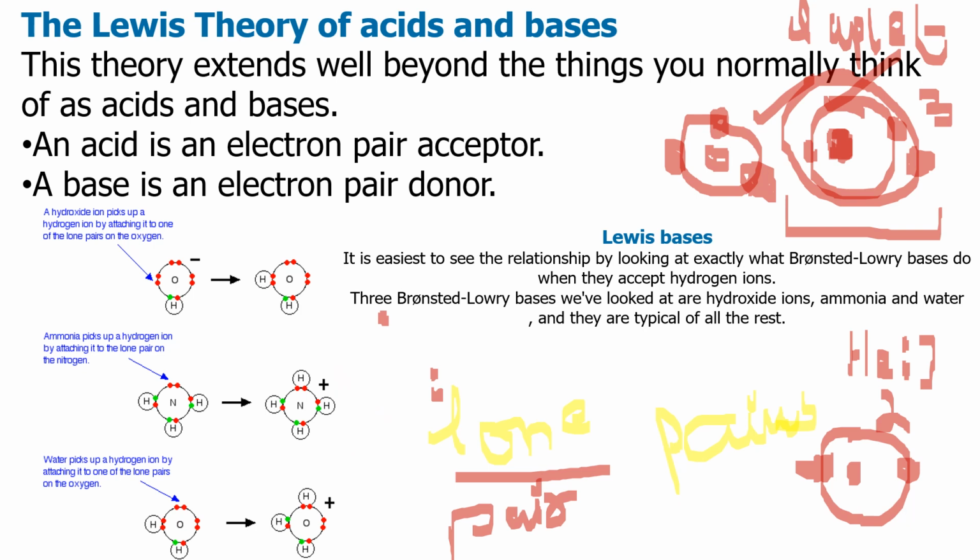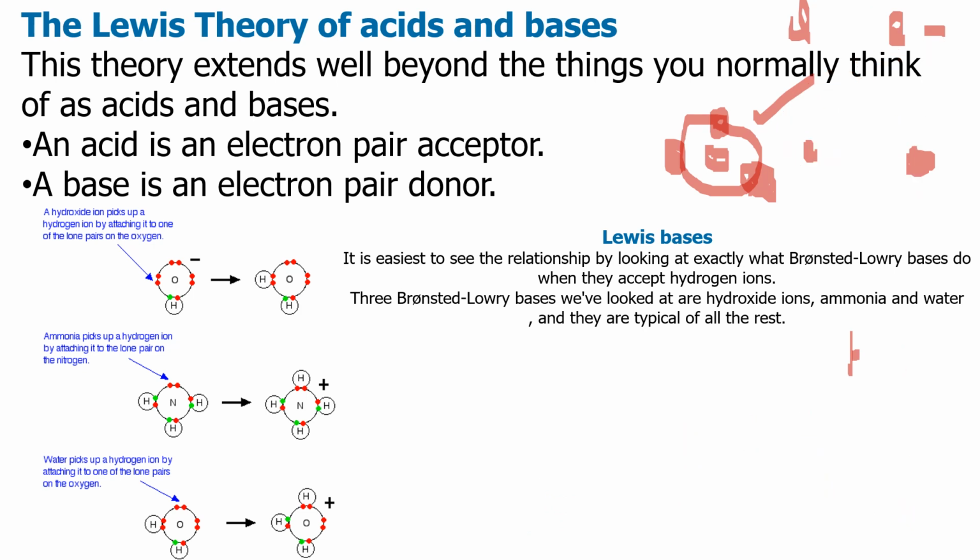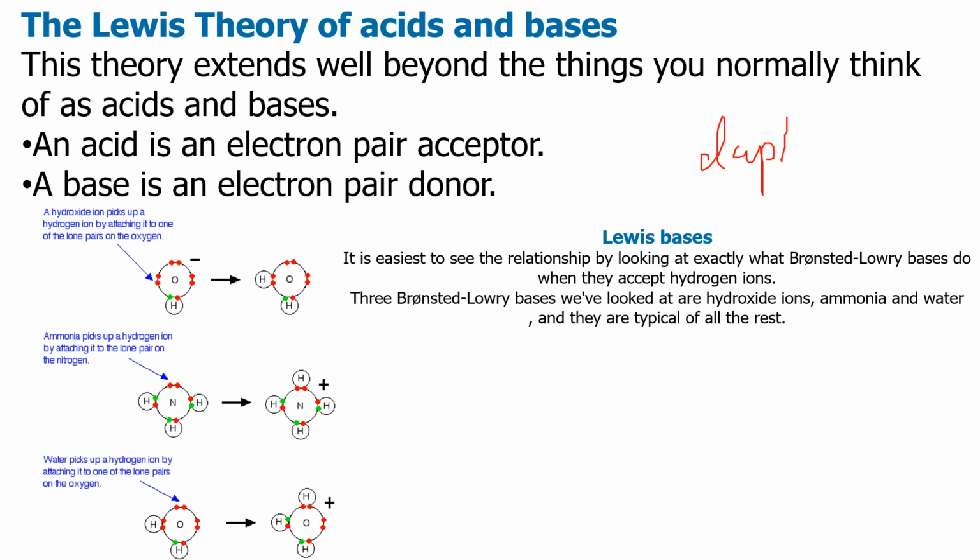Okay, let me just quickly clean this. Most of the elements do have a duplet filled, but the octet has valency. Octet basically means the last shell having 8 electrons.